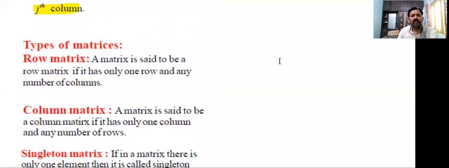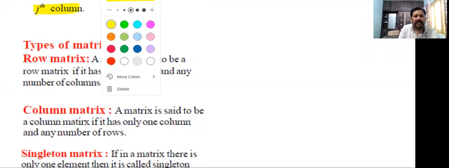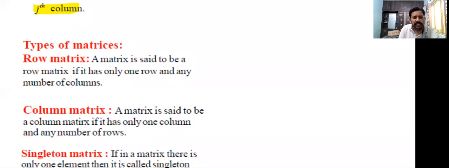Next, types of matrix. Row matrix. A matrix is said to be a row matrix if it has only one row and any number of columns.